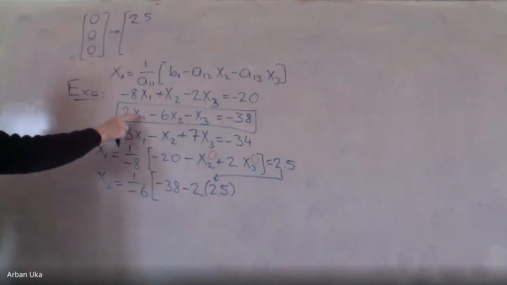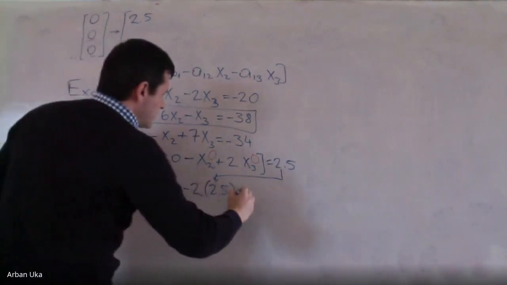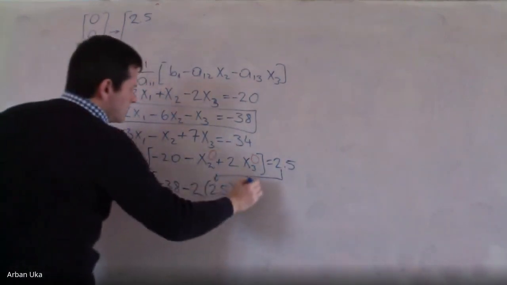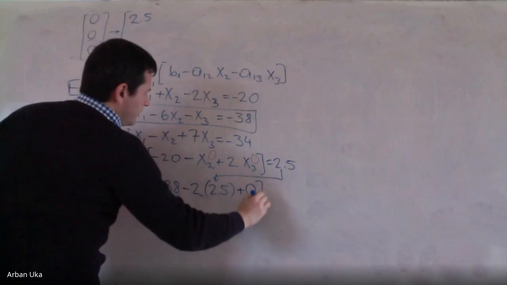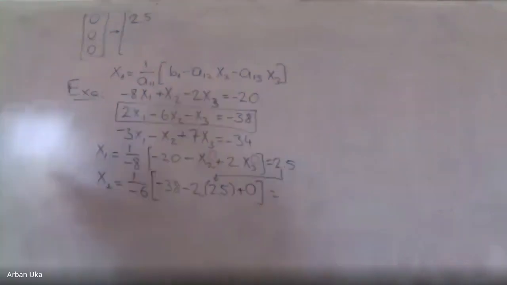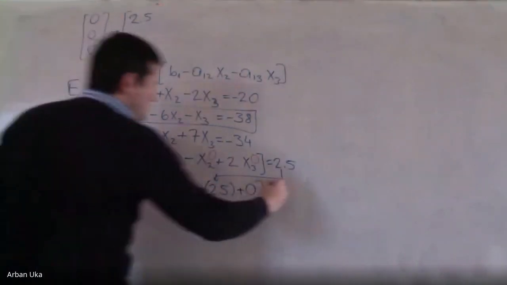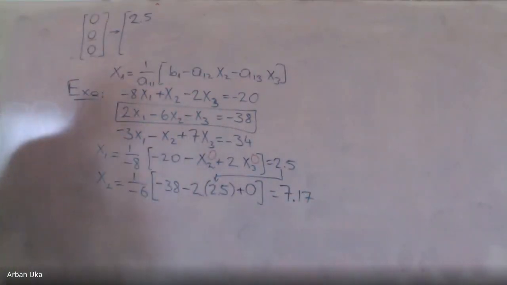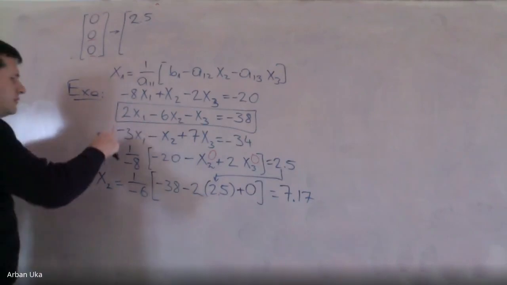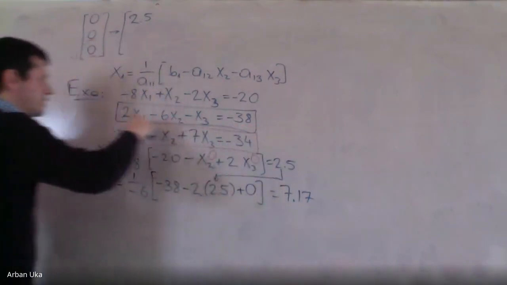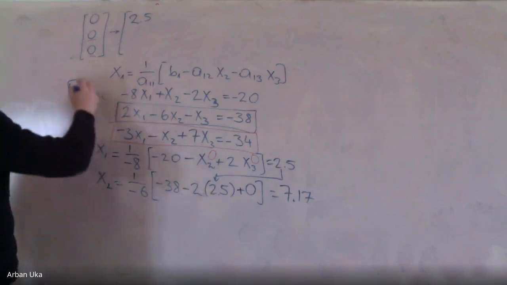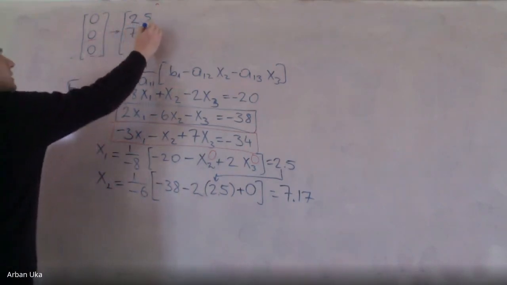Then we get plus x3, but x3 is still 0. So we get here a 0. And if we do the calculations, we get something like 7.17. And then the x3, we read it from this equation.